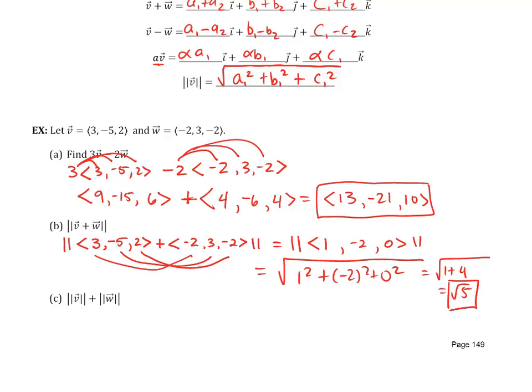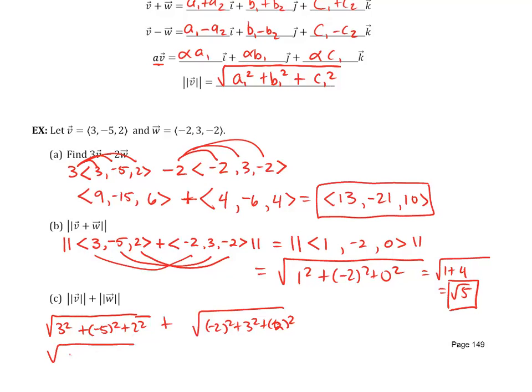Letter C, take the magnitude of v plus the magnitude of w. The magnitude of v would be the square root of 3 squared plus -5 squared plus 2 squared. And the magnitude of w would be the square root of -2 squared plus 3 squared plus -2 squared. That's the square root of 9 plus 25 plus 4, plus the square root of 4 plus 9 plus 4.